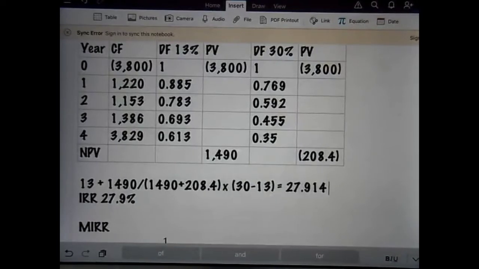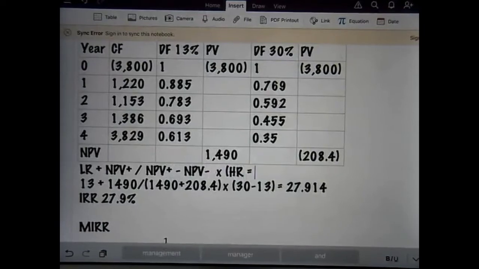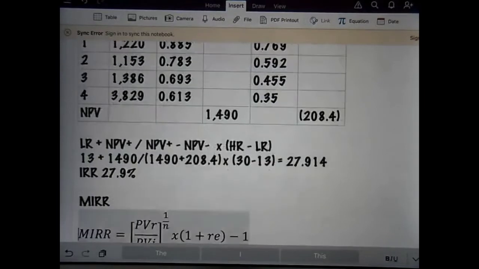Clear? Not clear? Make sense? Okay, that covers this one.